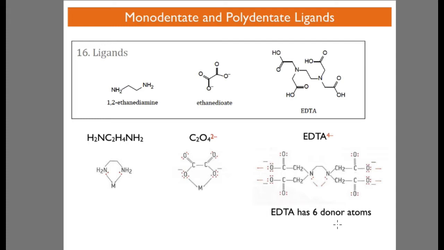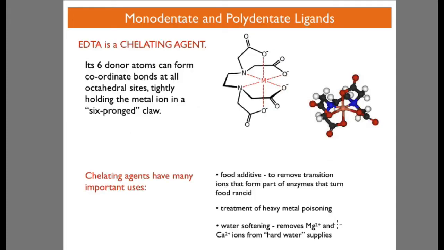And this EDTA is quite fascinating stuff. It has 6 donor atoms that can form coordinate bonds to a single metal. Let's have a look at that a bit more closely. It's known as a chelating agent. And look at this picture up here. So you've got a nitrogen, an oxygen, an oxygen, and an oxygen all bonding this side.